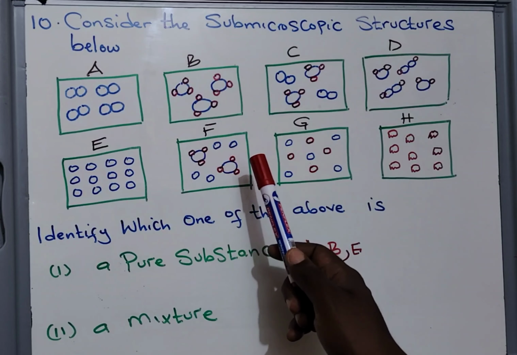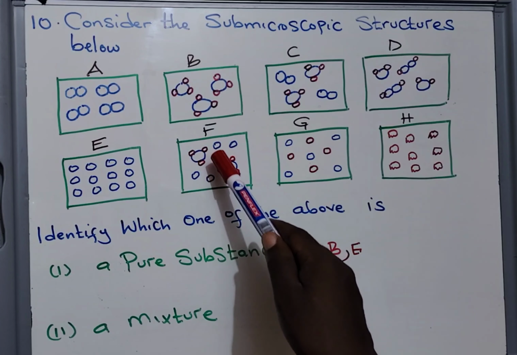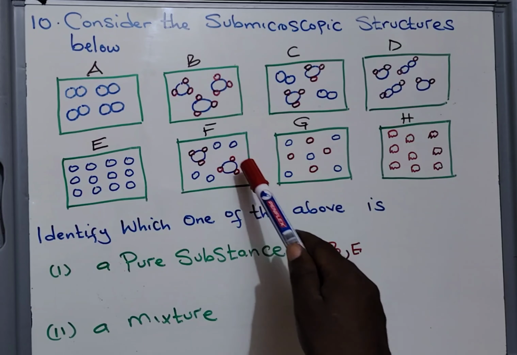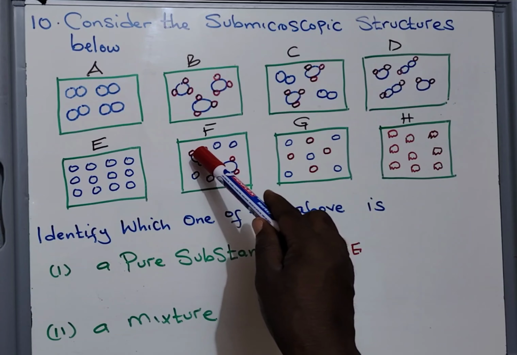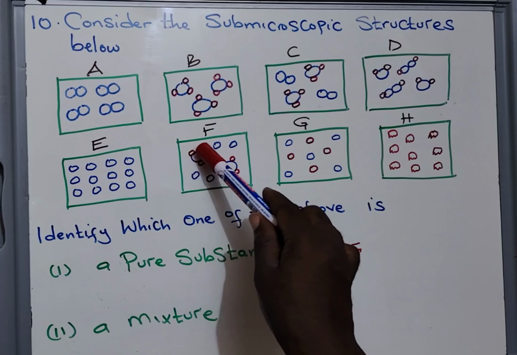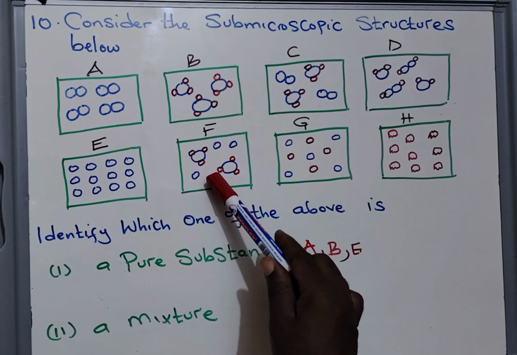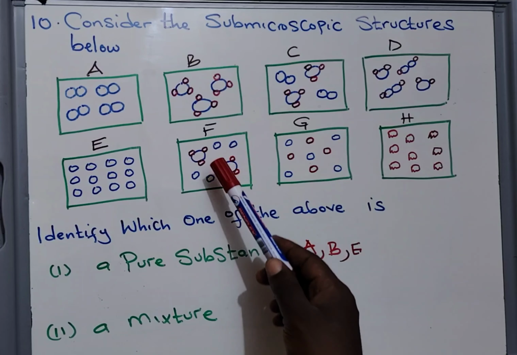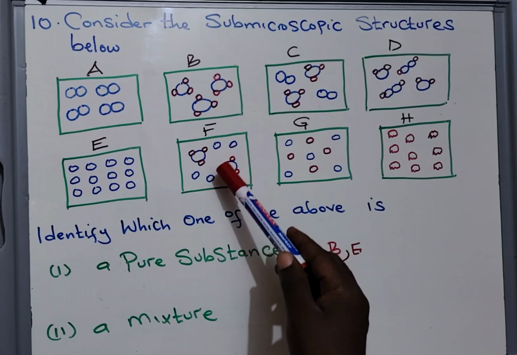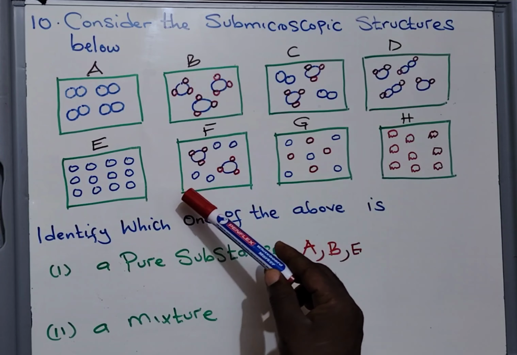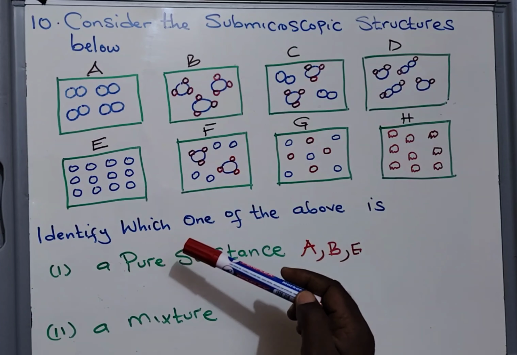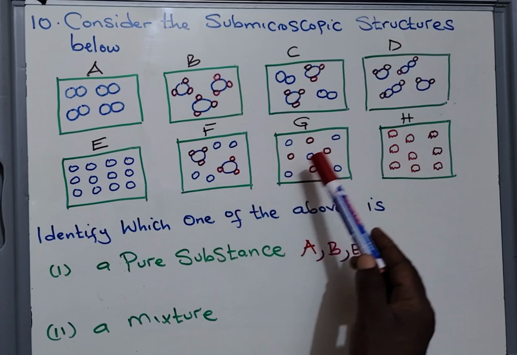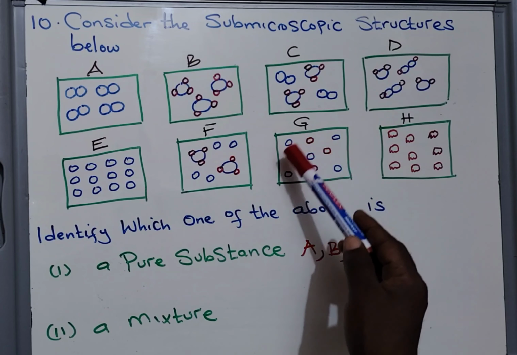Okay, let's go to F. F is made up of these compounds, whose molecules are made up of a single atom plus 3 attachments. Then there are also these single ones which represent elements. So F is not pure. G is also not pure.